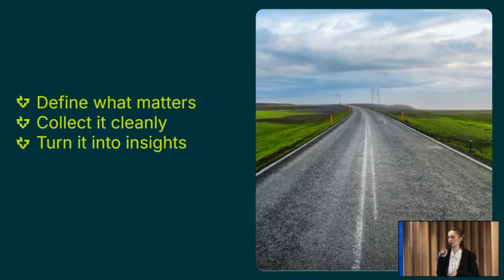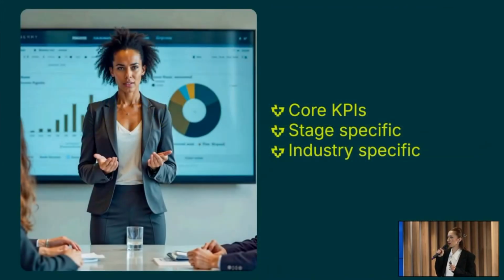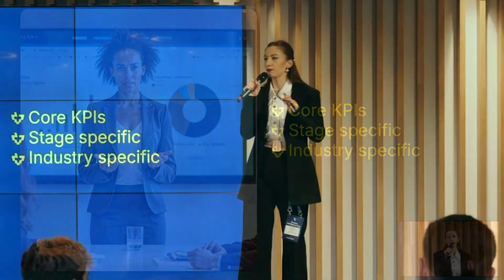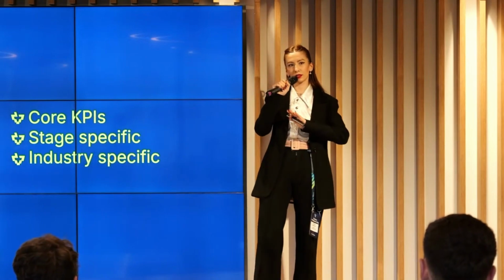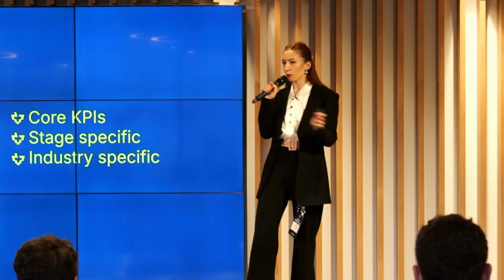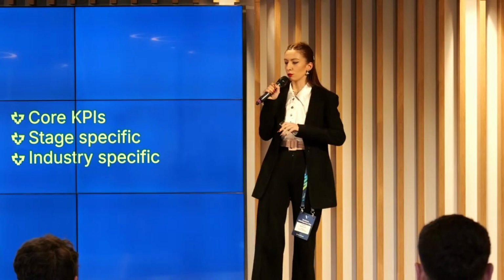So let's jump into this first step. Define what matters. We actually have a quite nice and detailed guideline about this on our landing page. But basically what we advise our clients is to define 10 to 15 KPIs that you could collect from your whole portfolio in order to be able to compare your companies, but still not drown in data.